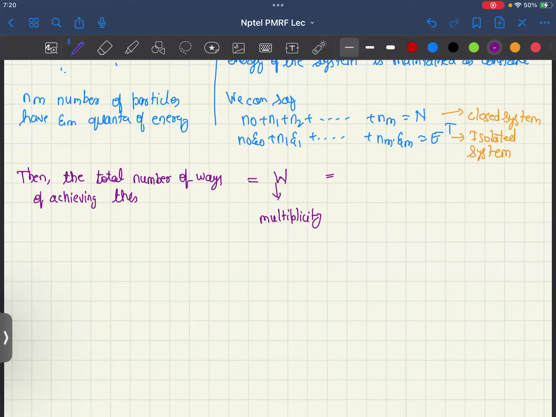So this multiplicity can be given by the total number of states divided by the number of ways of arranging n0 particles multiplied by n1 particles multiplied by n2 particles multiplied by nm particles, and so on and so forth, right? This is valid when all the molecules or atoms are identical, that is, non-distinguishable. Okay? This is okay.